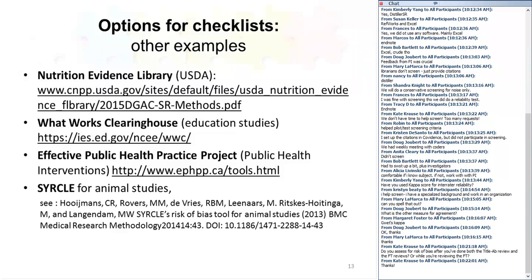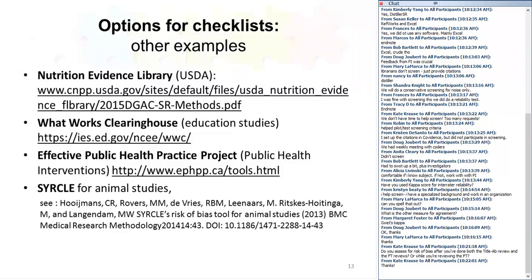What Works Clearinghouse is focused just on education interventional studies, so they don't talk about any other types. But we're starting to see more and more of these checklists coming out. One issue is that not all of these have been validated, and that continues to be a problem.